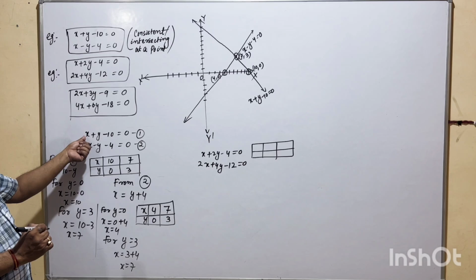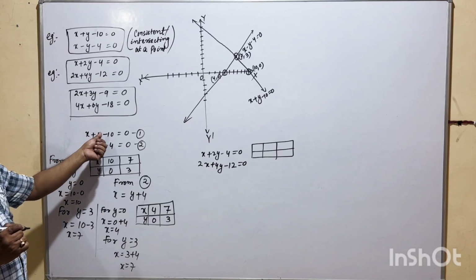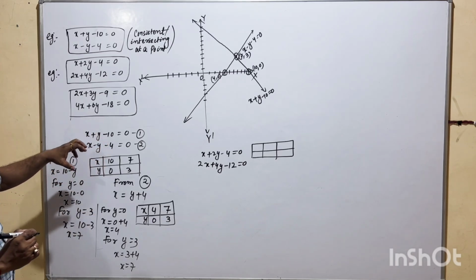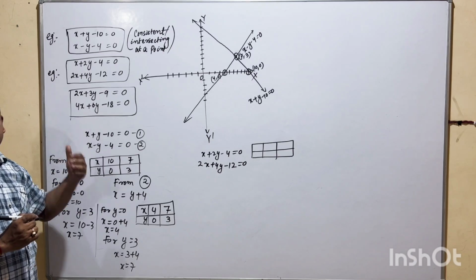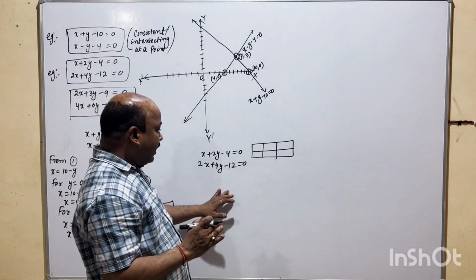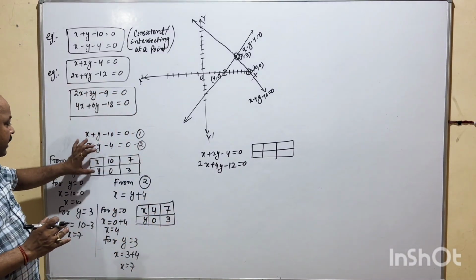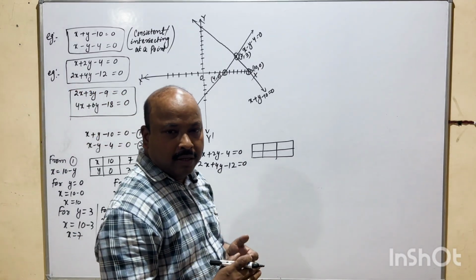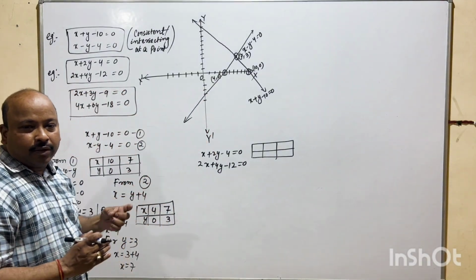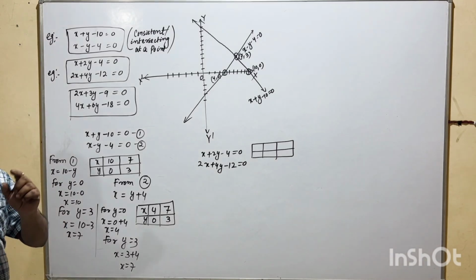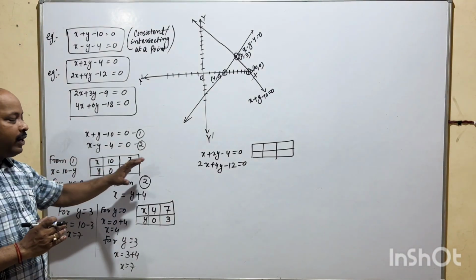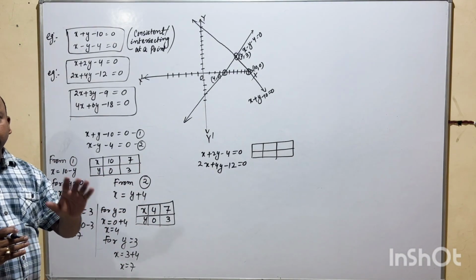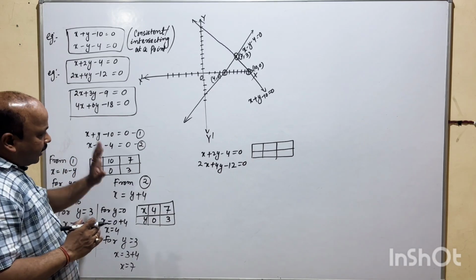Another method is you put x equal to 0, you get y, or you put y equal to 0, you get x. Okay, and for the 10th class, always try to get the value of x and y in the form of whole numbers, integers or natural numbers, not in rational numbers. Means you do not find out in fraction form, it will confuse you, right students? And in higher classes you will do it.